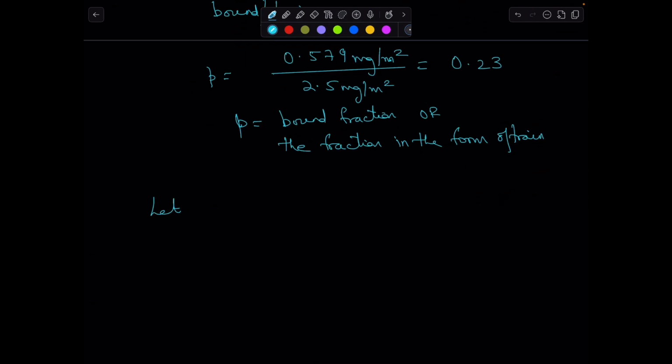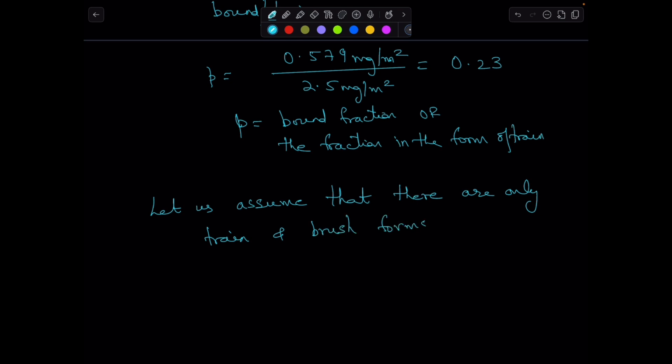Let us assume that there is no mushroom form for our convenience, and everything that is not train is a brush. That there are only train and brush forms.